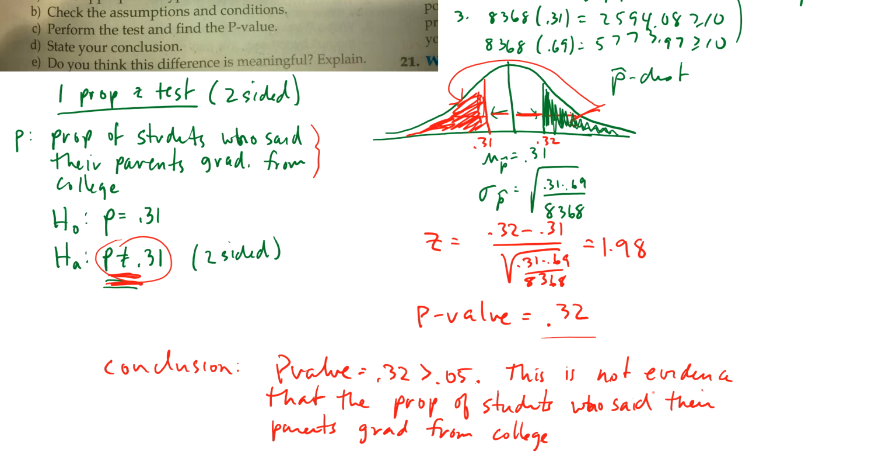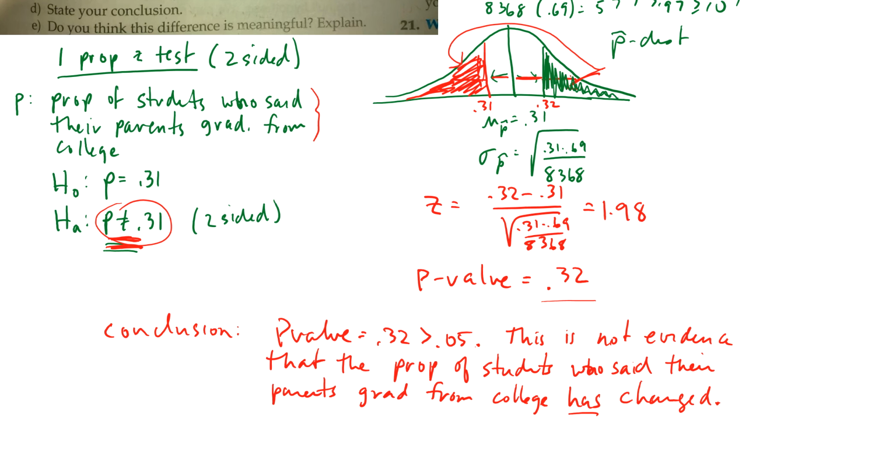This is not evidence that the proportion of students who said their parents graduated from college has changed. Right? That makes sense? Context. The percent has not changed. We don't have evidence that it has changed. Okay, so that's a two-sided test. We will talk about it some more in class for sure, and we'll go from there. But the process is exactly the same. Alrighty, there you go.